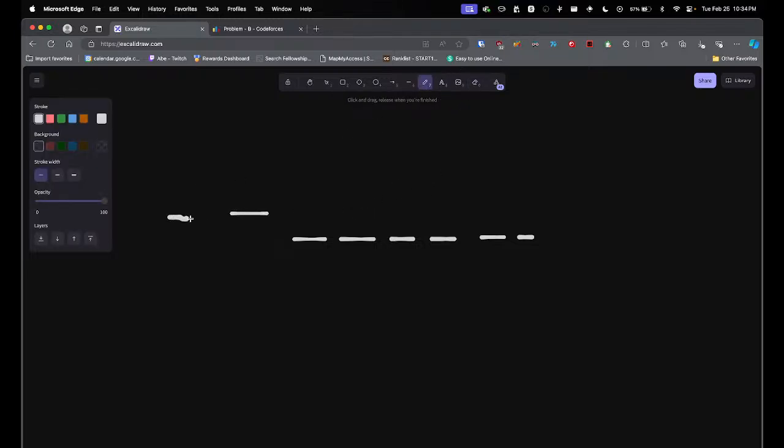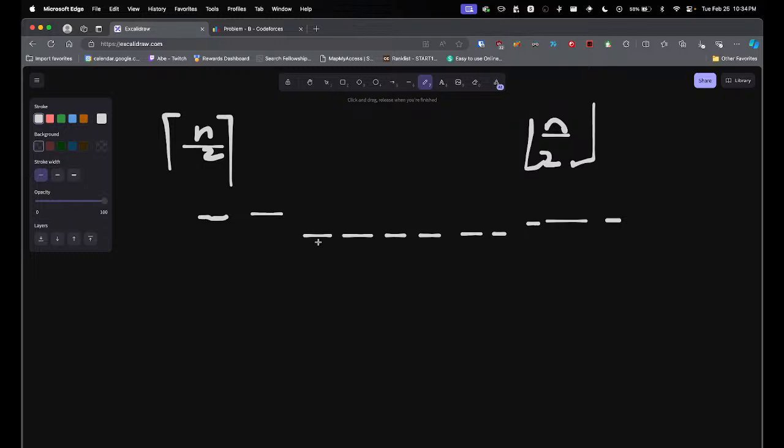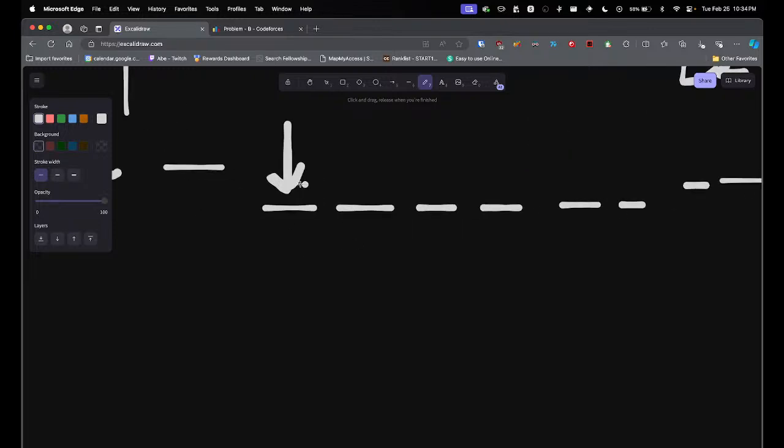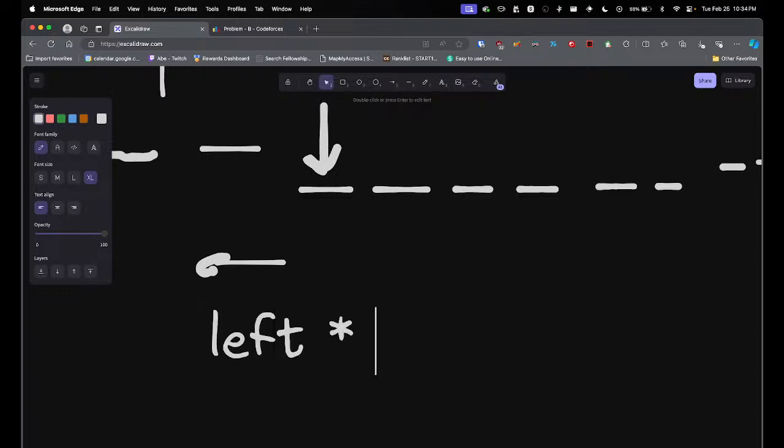Now how do I distribute the dashes? One thing you can do is n by 2 ceil and n by 2 floor. If you distribute like this, for each underscore, the number of subsequences it will be a part of is the number of dashes to the left times the number of dashes to the right, so left into right.